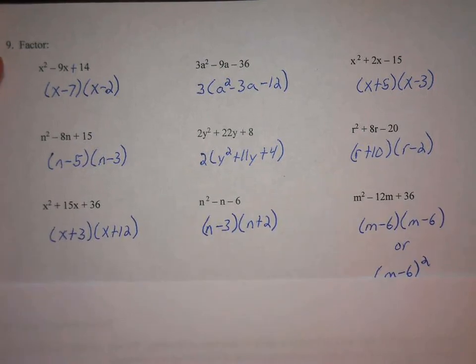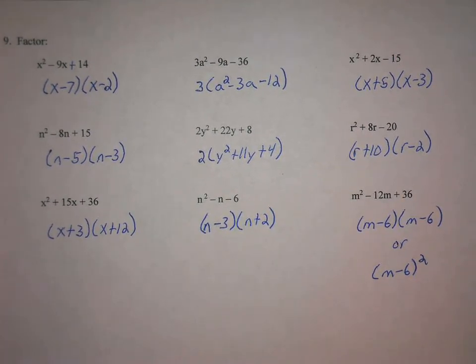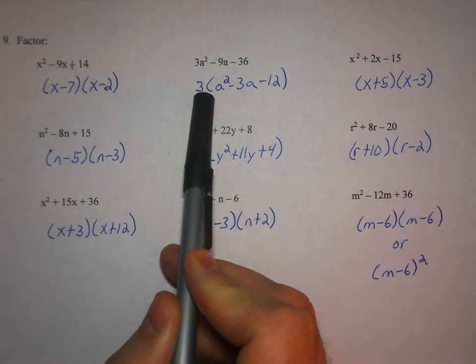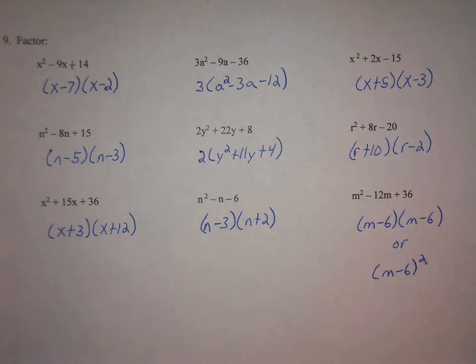These are just practice, so you can check your answers. You'll notice that the second one there, 3 is a GCF. Okay, so that's how you factor trinomials with a equal to 1.